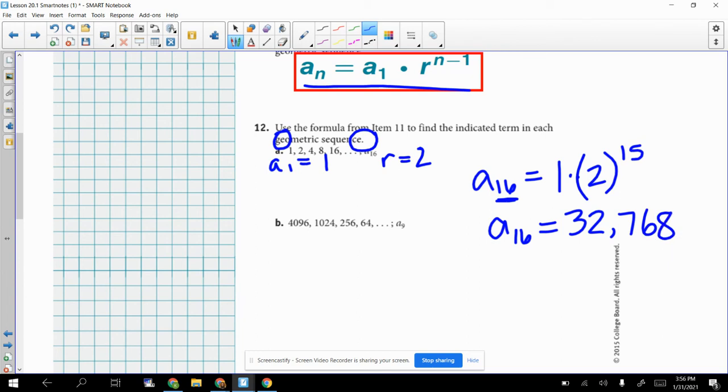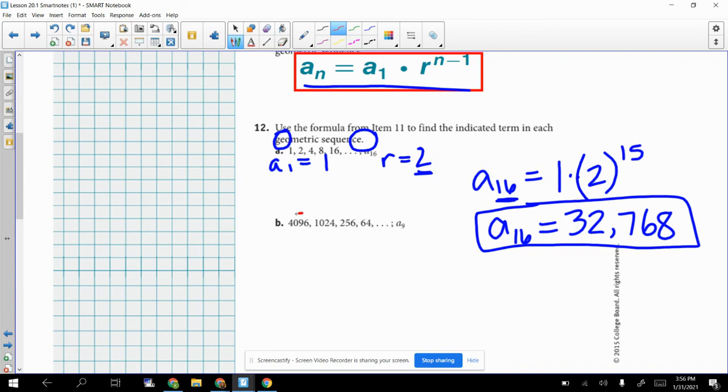And these numbers, especially when we are looking for a term like 16, are going to get a little bit larger because we are multiplying. So since we are multiplying by 2 each time, the numbers are going to get pretty big pretty quickly. Okay. Or pretty small if we are multiplying by a fraction. Okay, so let's look at one like that. Again, we're going to use the same formula.